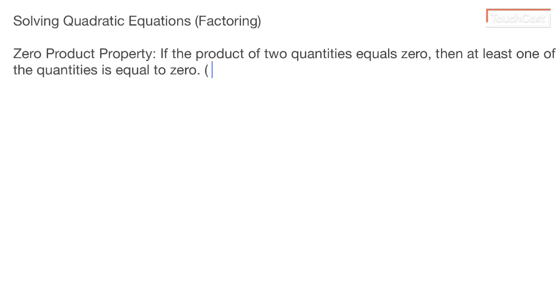Algebraically, we can write that as if we have a times b and it equals 0, then we say a is equal to 0 or b is equal to 0.